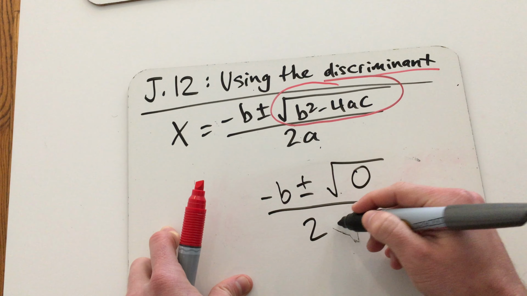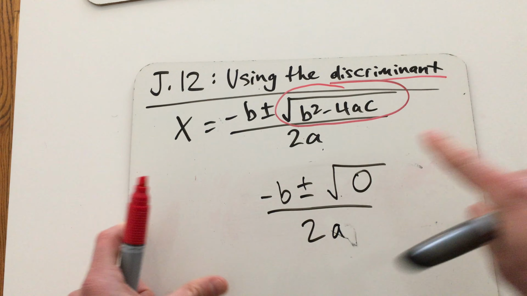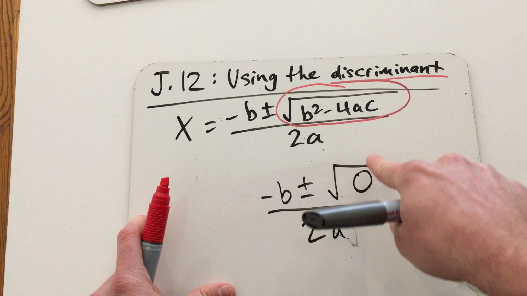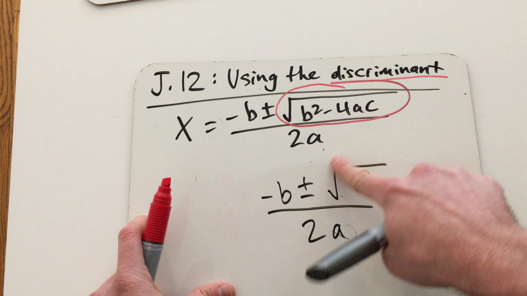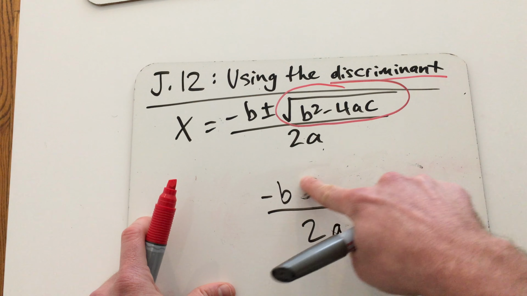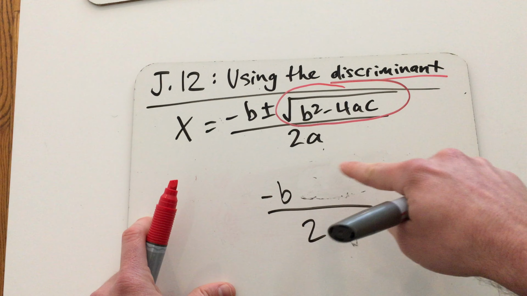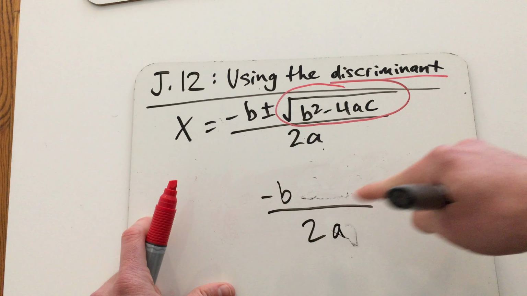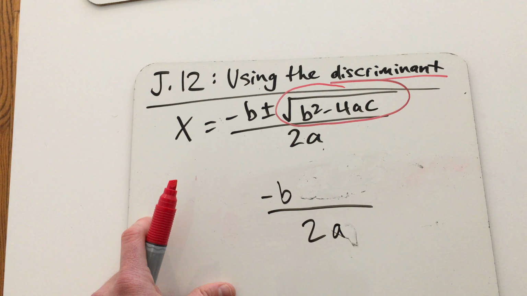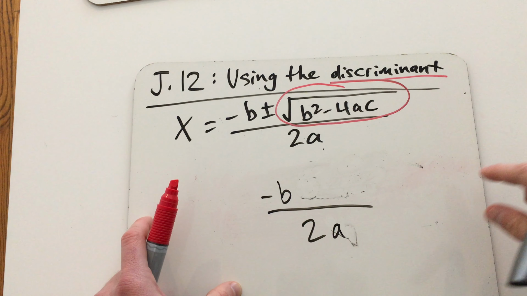So let's think about this. Whenever you add the square root of 0, well, the square root of 0 is just 0. So what's going to end up happening is you're going to add or subtract nothing, which means you're not really adding or subtracting, right? So you're only going to have one answer left. That plus or minus doesn't really add or subtract anything. So there's really just one real answer.